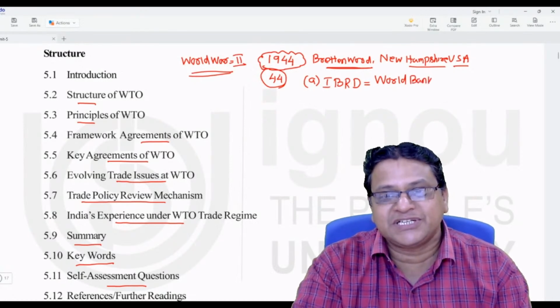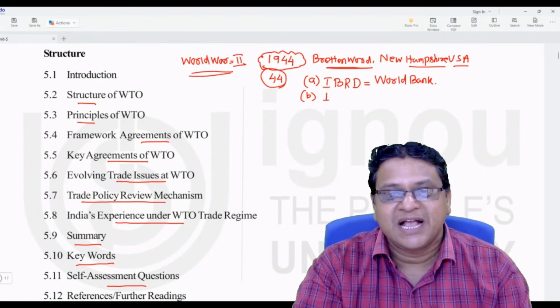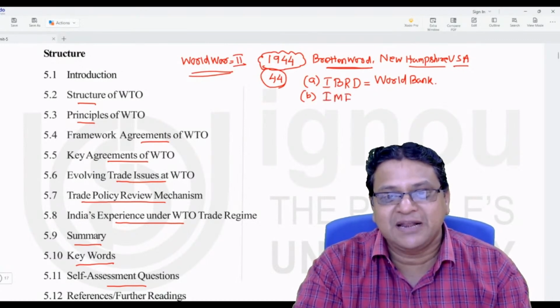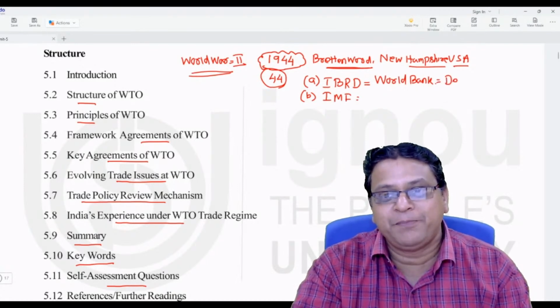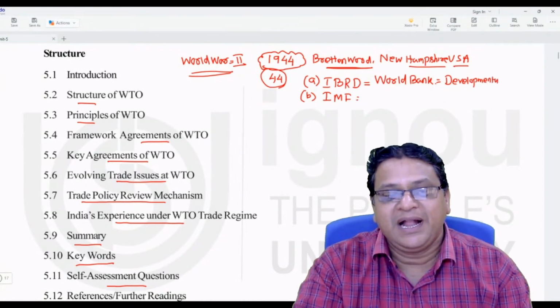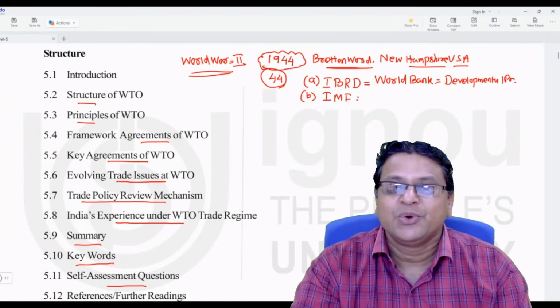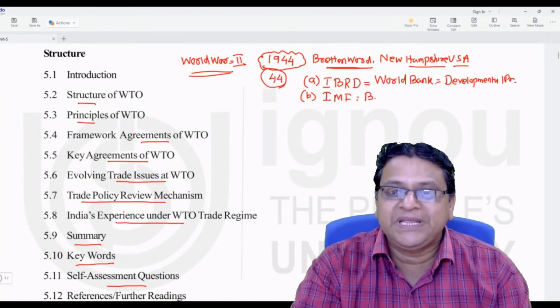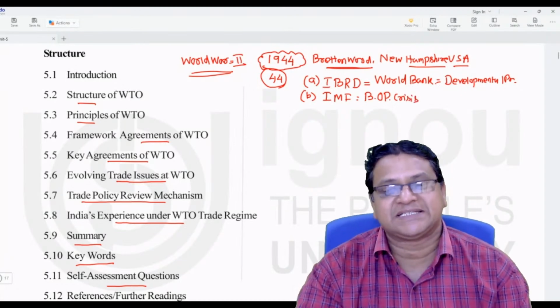Then another institution the countries decided to set up is known as IMF, International Monetary Fund. World Bank provides loans for developmental projects, and IMF provides loans to those countries which face BOP crisis. What is BOP crisis? International payment crisis.